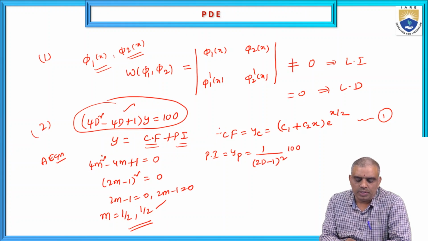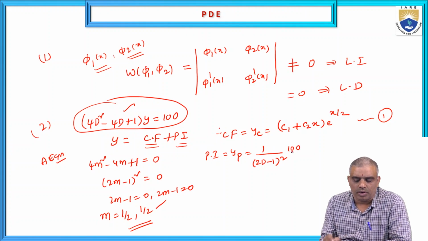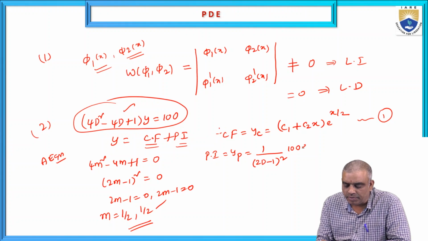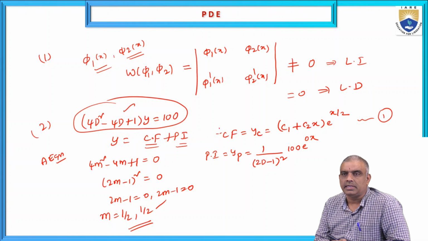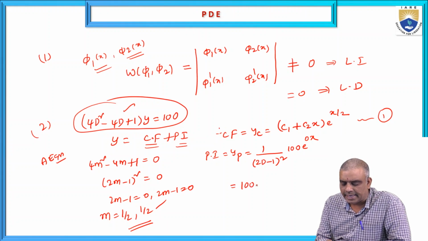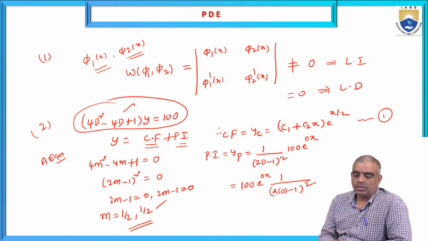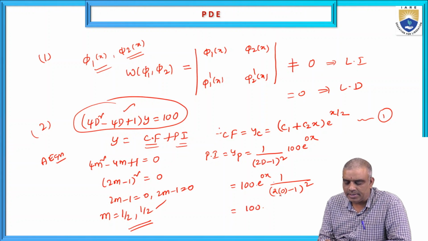When it is 100, we can go for the first method, the e power ax particular integral shortcut method, which we have already discussed in the regular syllabus. This is 100 constant, e power 0x, into 1 by (2 into 0 minus 1) whole square. If it is not 0, you just have to substitute D as 0. So this is 100 into (minus 1) whole square, that is 1, that is 100.